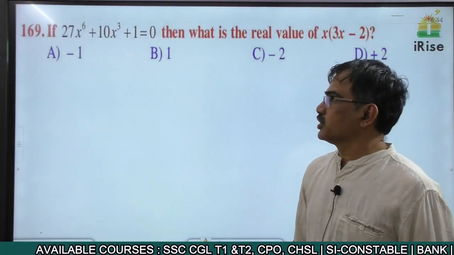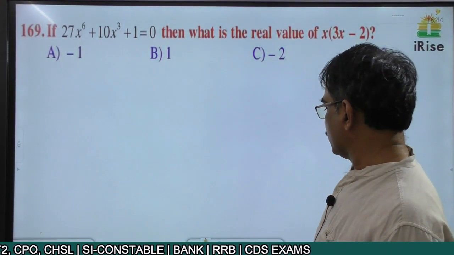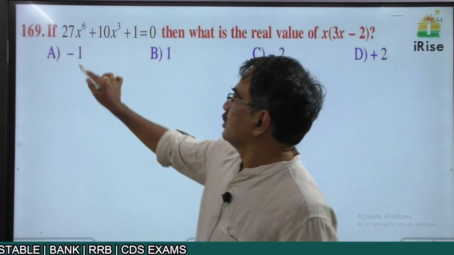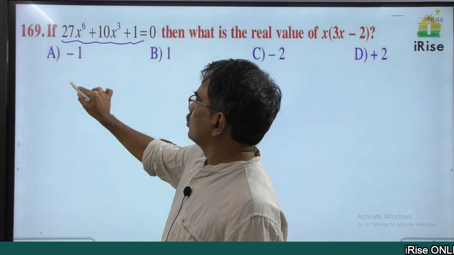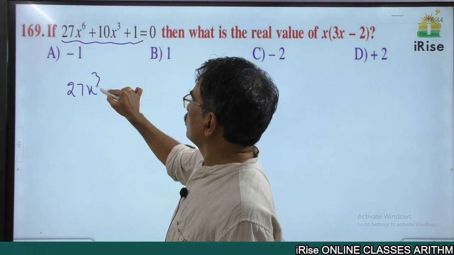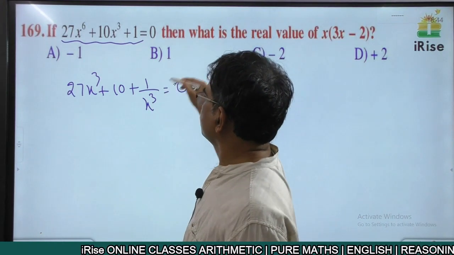This is also a very good question. 27x power 6 plus 10x cube plus 1 is equal to 0. Here this equation is divided by x cube. We get 27x cube plus 10 plus 1 by x cube is equal to 0.